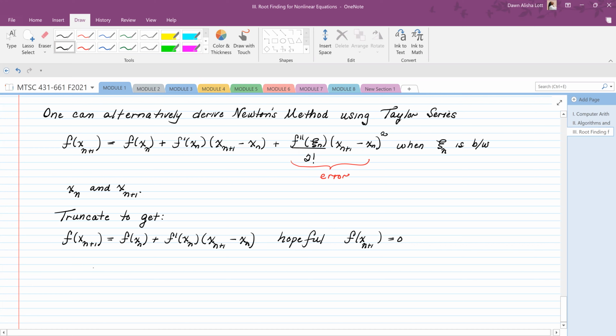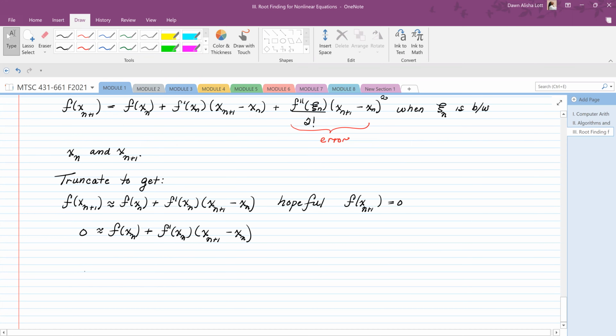So now you get 0 is equal to f of xn plus f prime of xn, and this should be approximate, times xn plus 1 minus xn. And if we're going to take that as our formula, we end up getting xn plus 1 is approximately xn minus f of xn over f prime at xn.